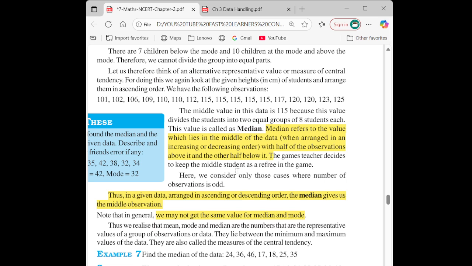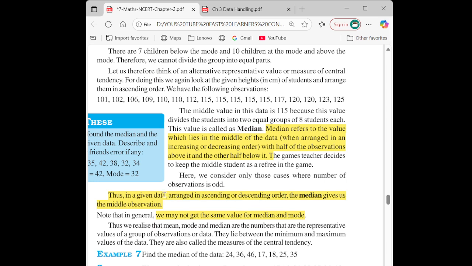For example, you're given 5 observations. So first observation and second observation, and then the third one comes in the middle, and after 3 there is the fourth and fifth. So 2 observations on the left-hand side or above and 2 observations below, and the middlemost observation, the third observation, is known as the median of the data.